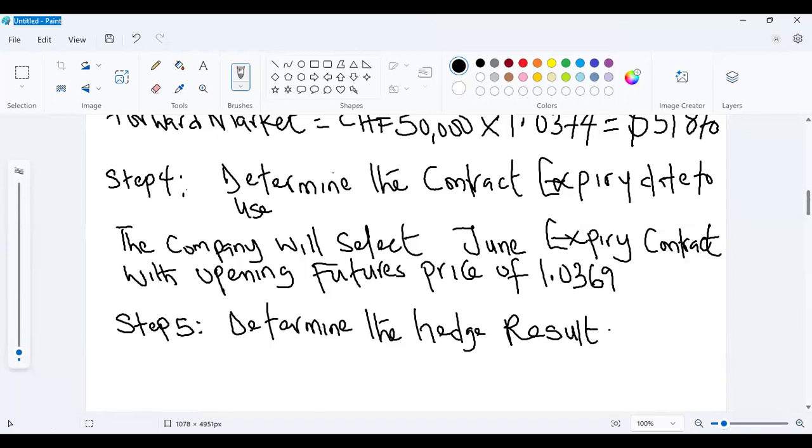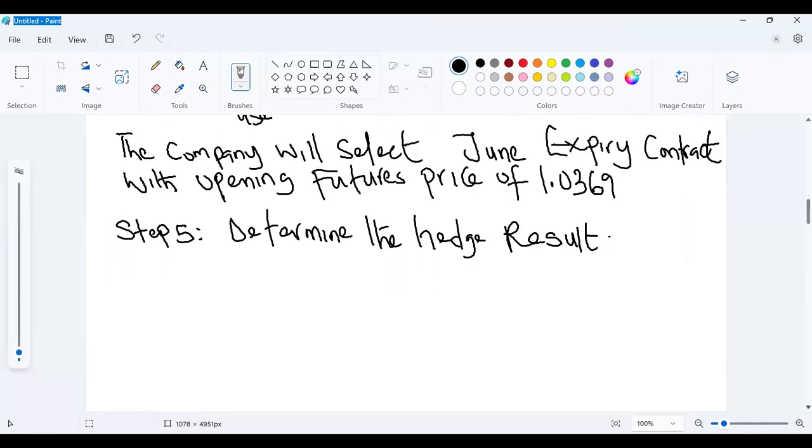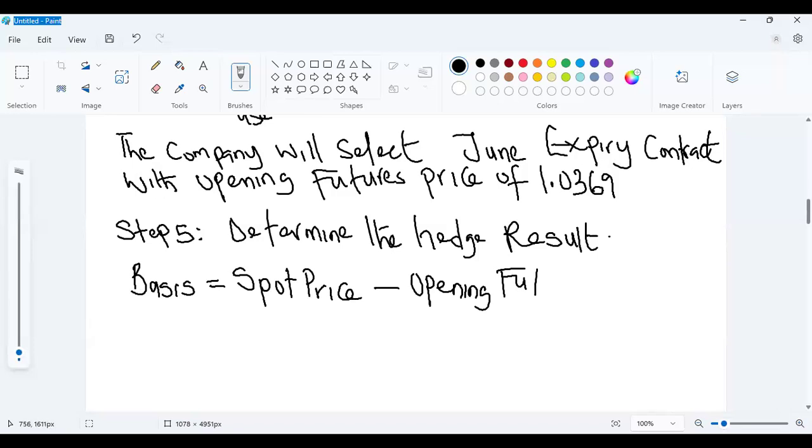Now, how do we estimate the closing futures price? You have 3 steps or stages. First, calculate your basis. Your basis is calculated as spot price minus opening futures price.